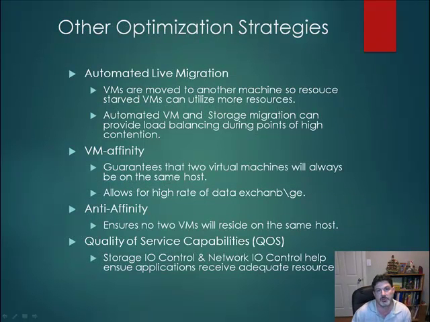Some other optimization strategies, if you're thinking about virtualizing applications, may be beneficial. We talked about live migration in an earlier lecture. Automated live migration gives us another opportunity to provide good load balancing during points of high contention. VMs are moved from one machine to another.